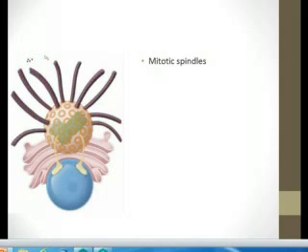All of the mitotic cells have centrosomes, and we have studied in the earlier classes that there is duplication of the centrosomes within the S phase of the cell cycle, and after that they direct the plane of cleavage of the cell, and from these sides the mitotic spindles form. Now if the mitotic spindles are not formed, the chromosome is not going to bind, and the cell is not going to be duplicated.